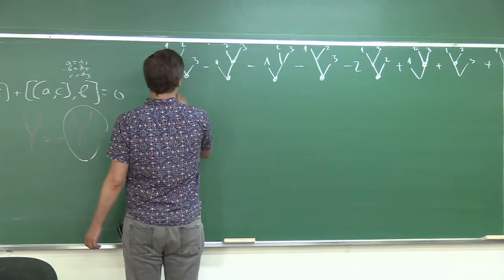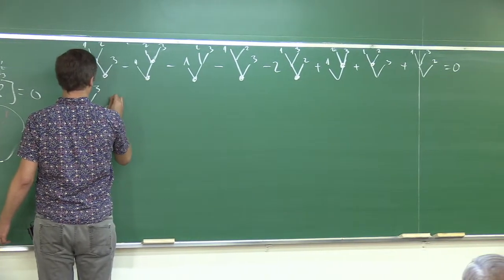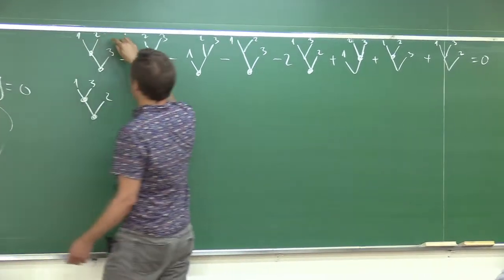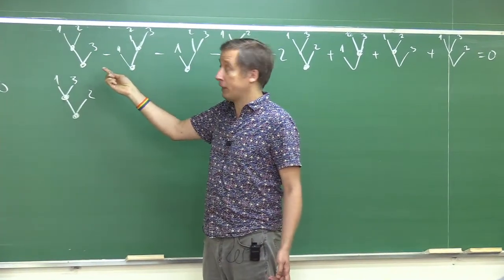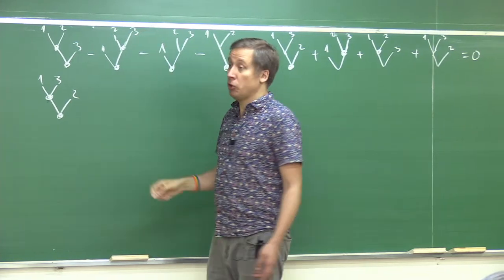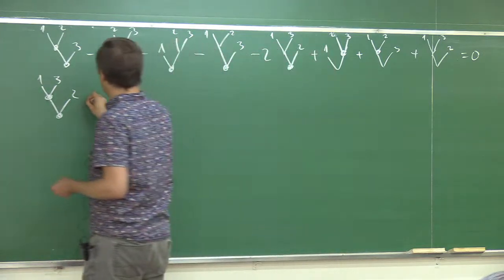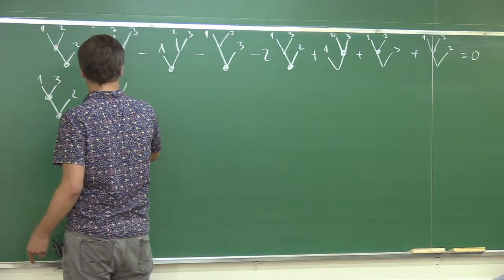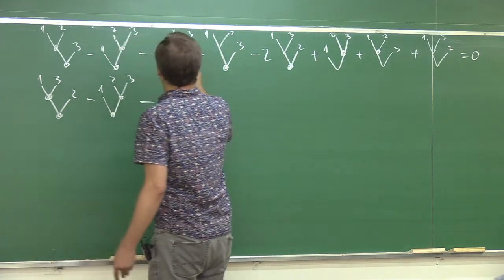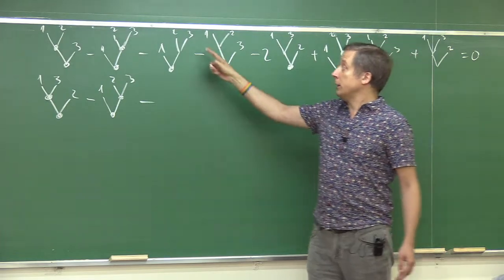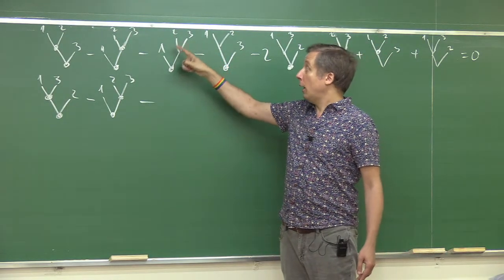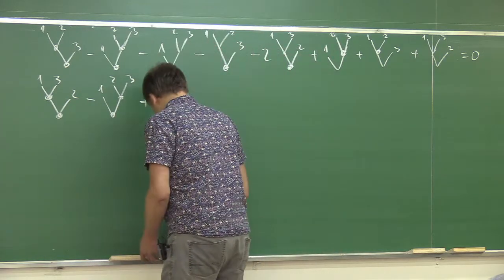And as I told you, for the other one, I need to exchange B and C. So let me also write that. Here I exchange 2 and 3, and this is a perfectly valid shuffle tree. Here I exchange 2 and 3, it's not a shuffle tree, so I need to use the symmetry of the symmetrized product to write it as a shuffle tree. Here I exchange 2 and 3, this vertex corresponds to the Lie bracket, so I will earn the minus 1 sign.